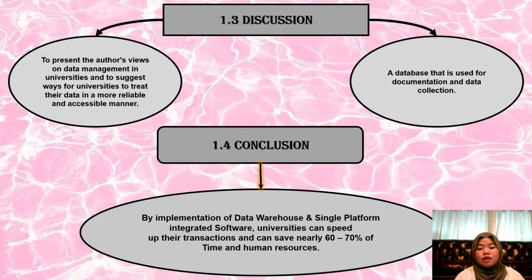There are many discussions in this article, but I have chosen two main points, which is first to present the author's views on data management in universities and to suggest ways for universities to treat their data in a more reliable and accessible manner.